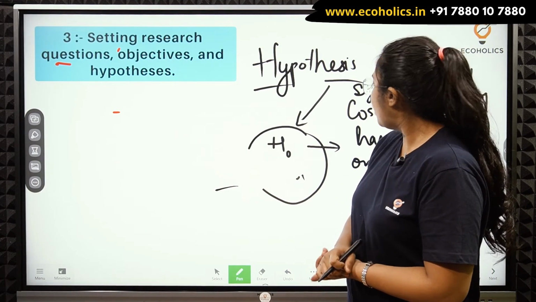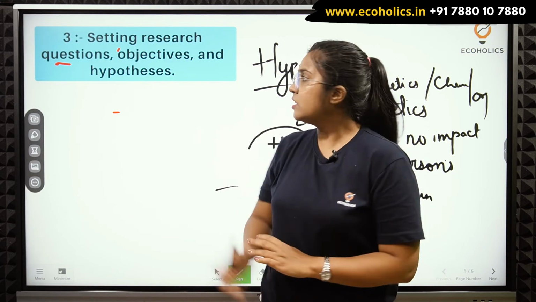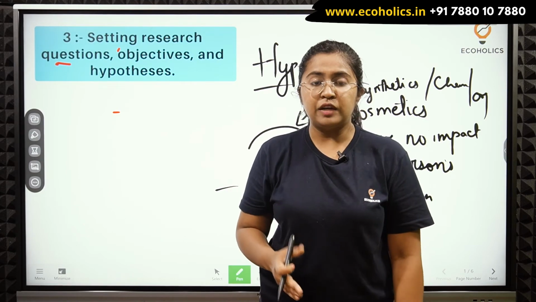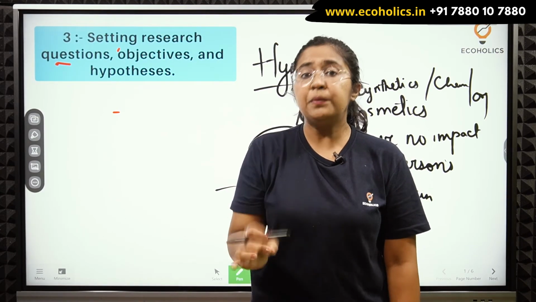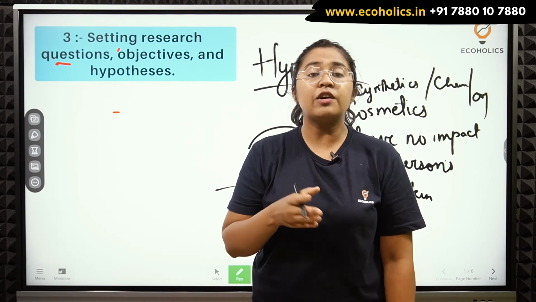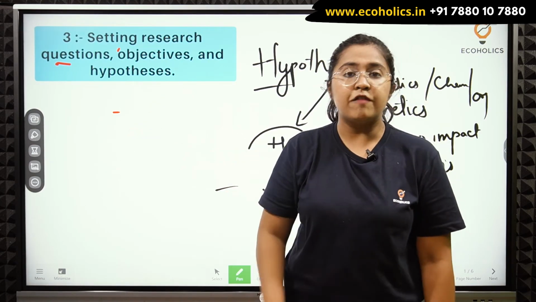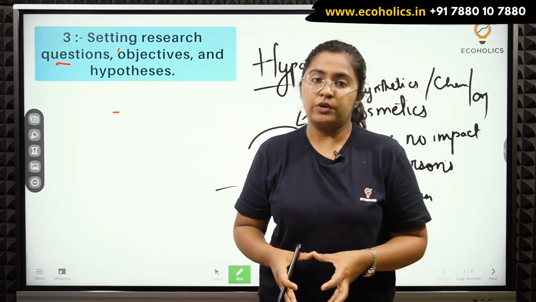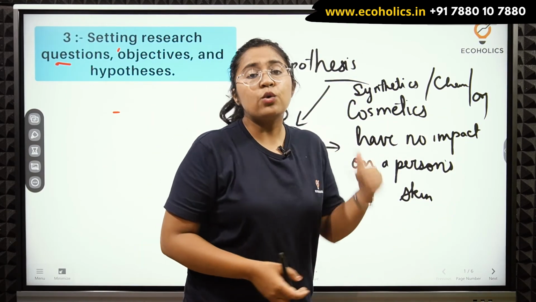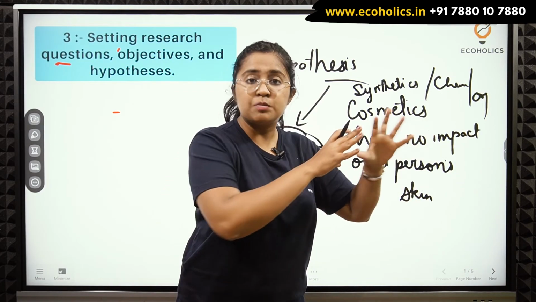Because hypothesis is a very important part of your research, this has to be done very carefully. So stage 3 has to be done very carefully, and it will only be done properly and efficiently when you have done your stage 2 efficiently, which is your literature review. Which is why stage 3 has a very important impact on your research, because the tentative statement that you have created is going to be either accepted or rejected after the research has been done.